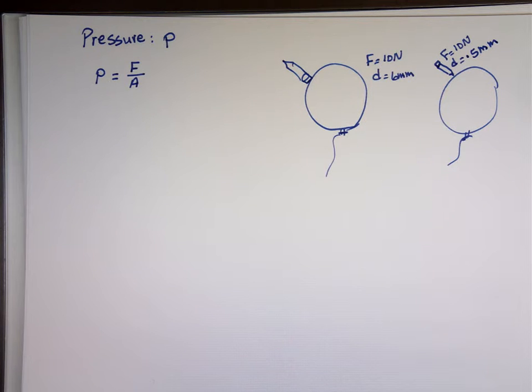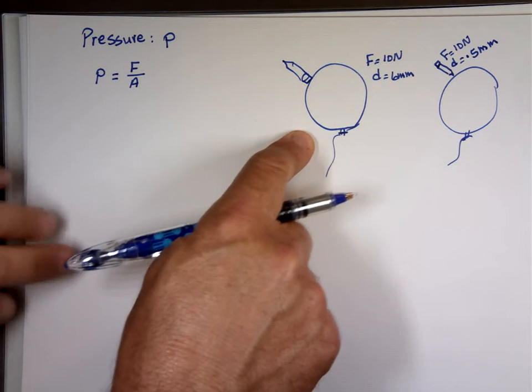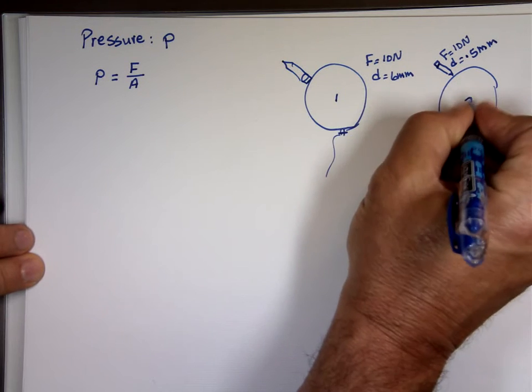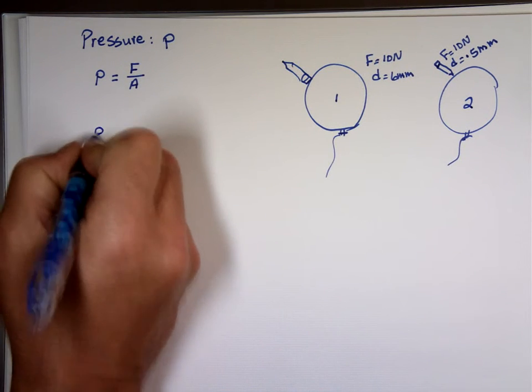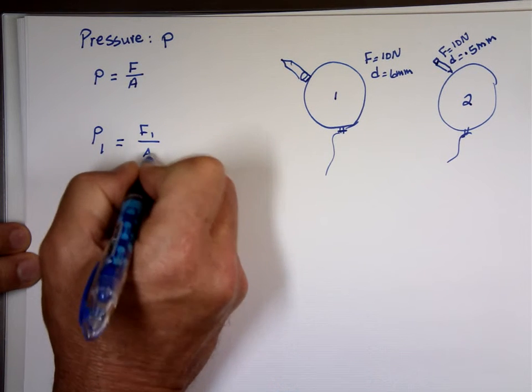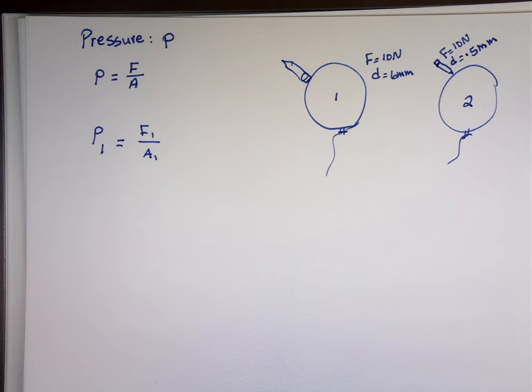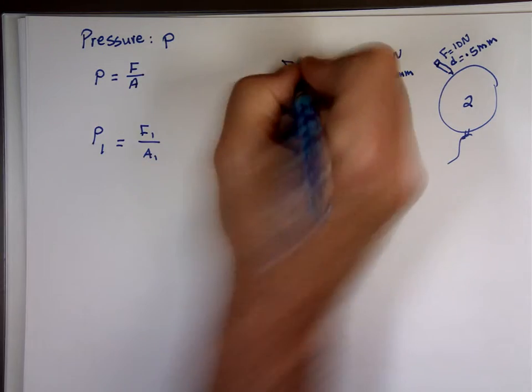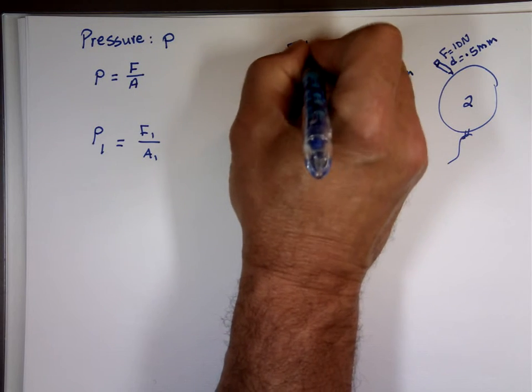What is the pressure on the balloon in both cases? Well, let's look at this. This is case 1, this is case 2. Pressure in case 1 is force 1 over area 1. What was the force? I applied a force of 10 Newtons in both cases.